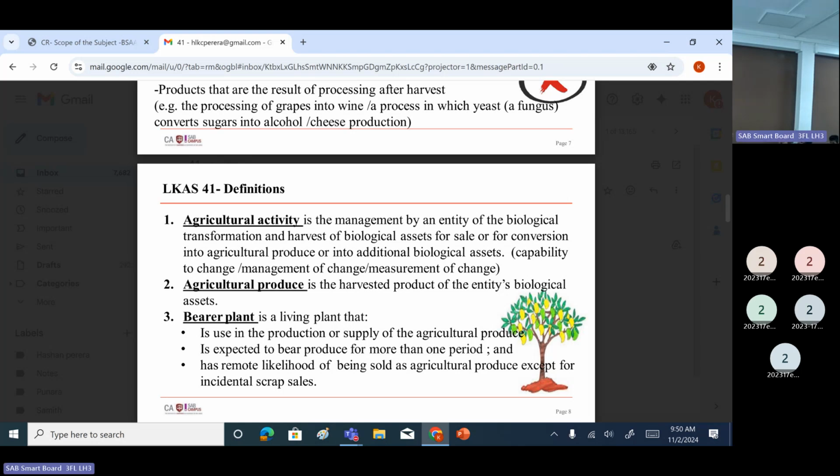The stick can be planted again, and if you plant it again, you can get another tree. So this is the definition: sale or conversion into agricultural produce or additional biological asset. Some of the trees you are going to convert to agricultural produce, and some of the sticks you are going to convert to an additional biological asset.